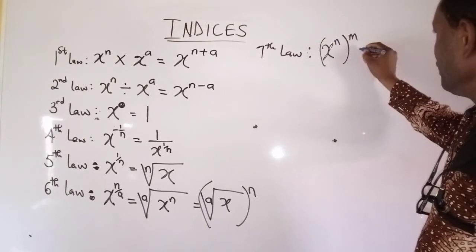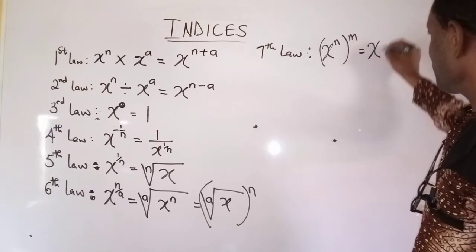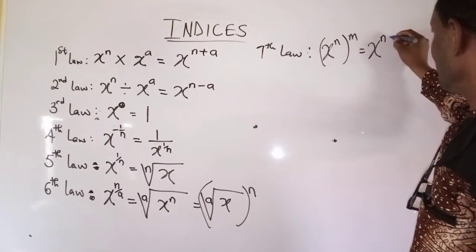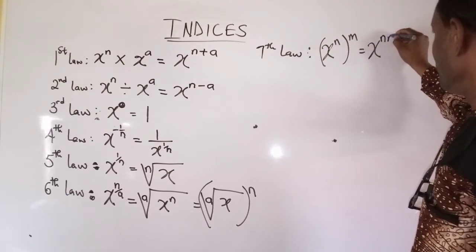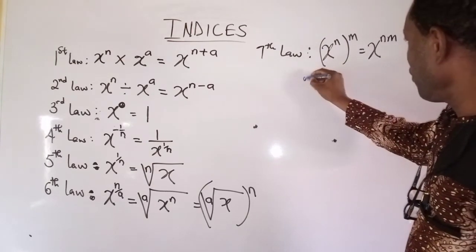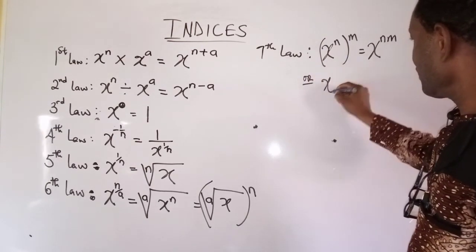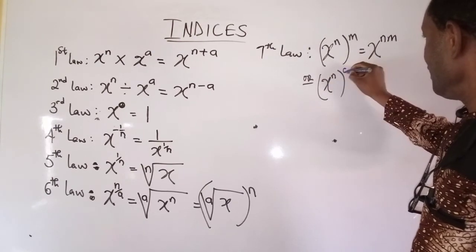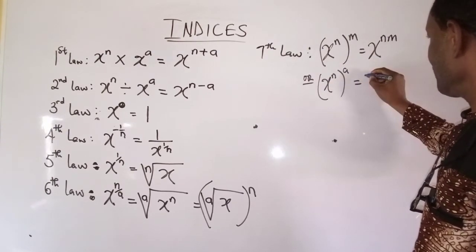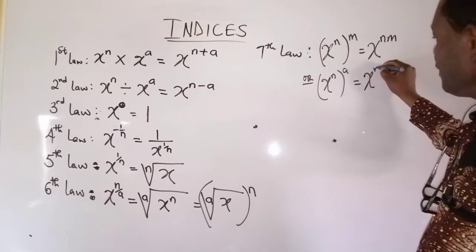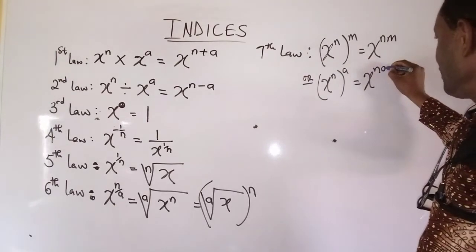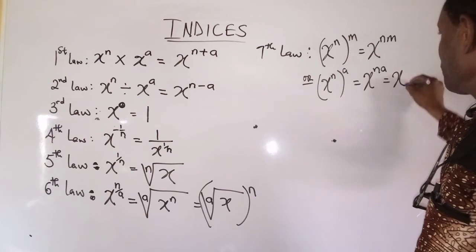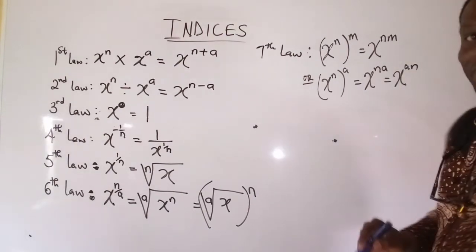I can have it equal to x raised to power n times m, or I can say that x raised to power n raised to power a is the same thing as x raised to power n times a, or x raised to the power an.